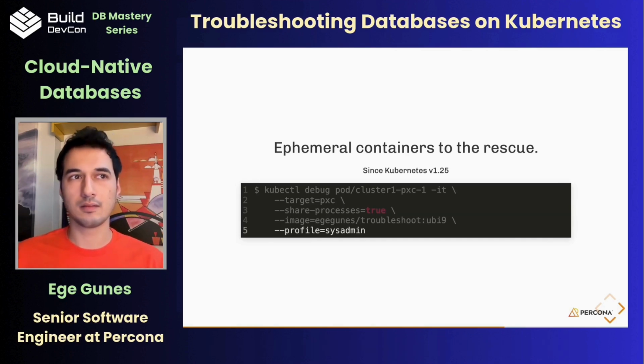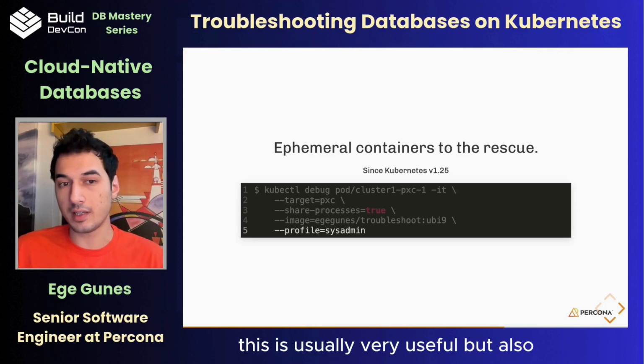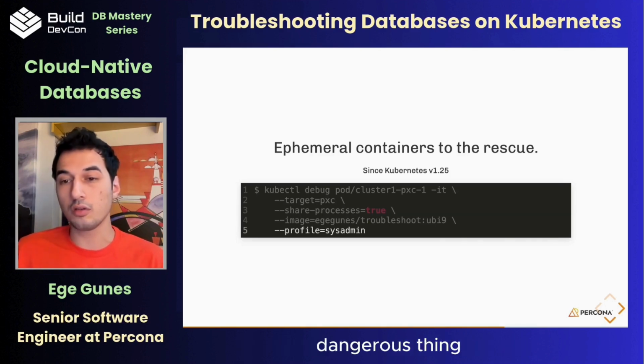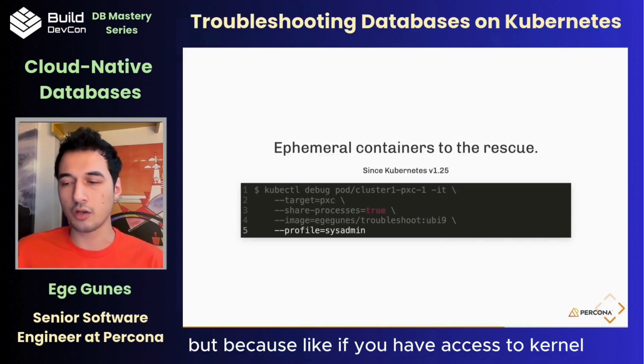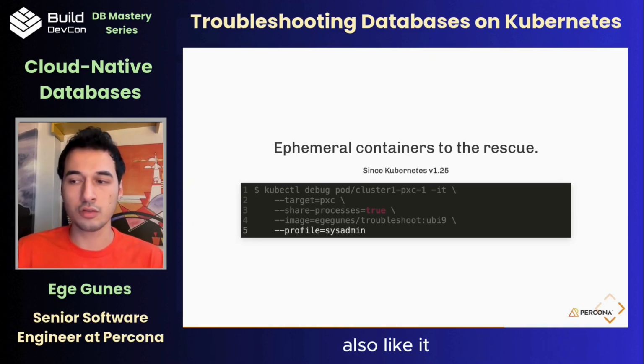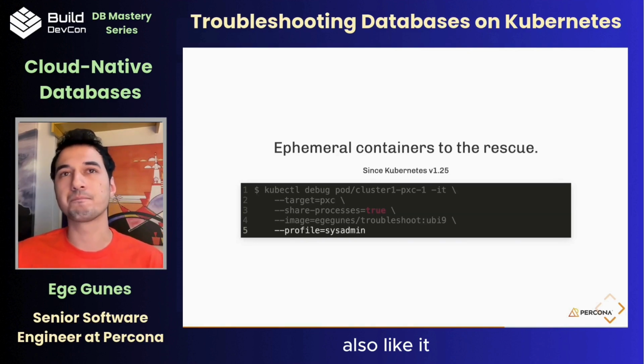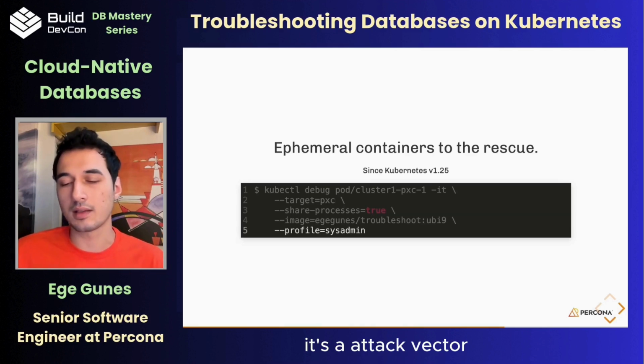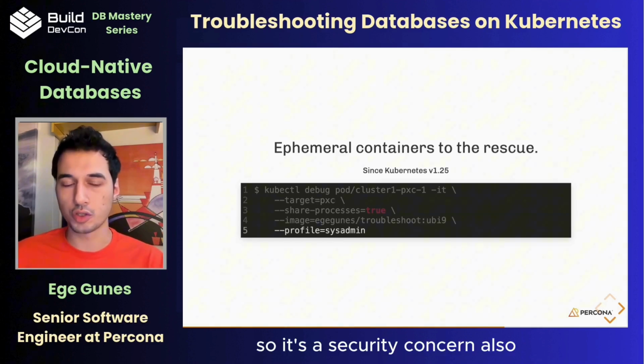This is usually very useful, but also a dangerous thing, because if you have access to the kernel, you can affect the whole Kubernetes worker node. It's an attack vector, so it's a security concern also.